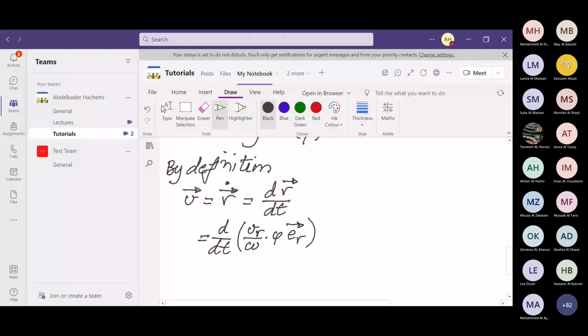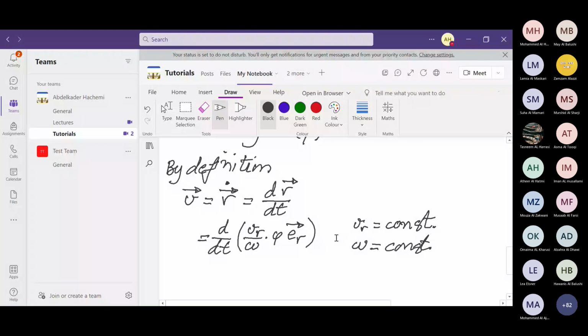In our case, VR is constant and omega as well is constant. That means they are time independent.